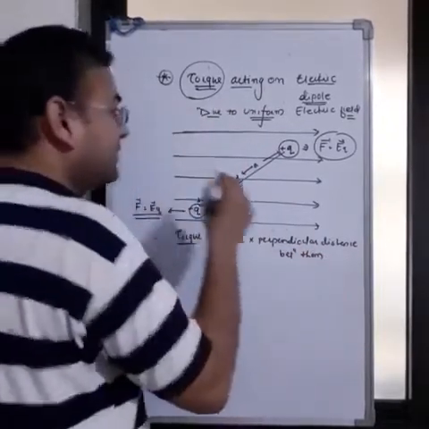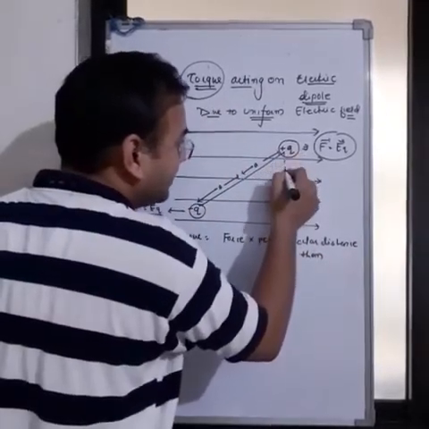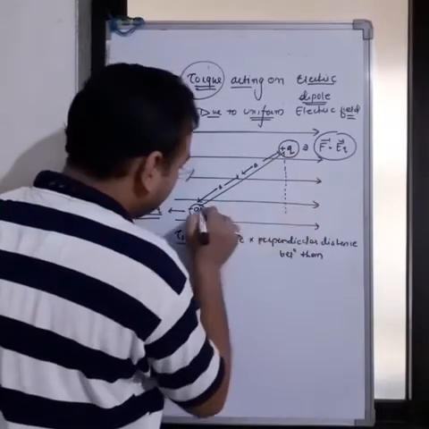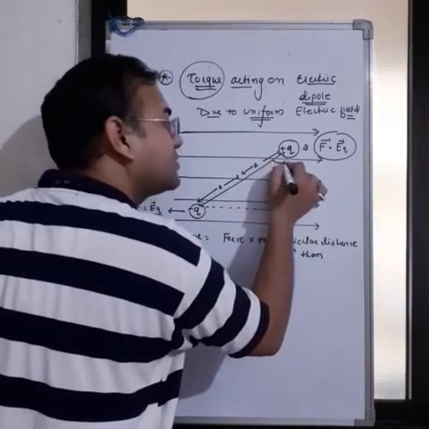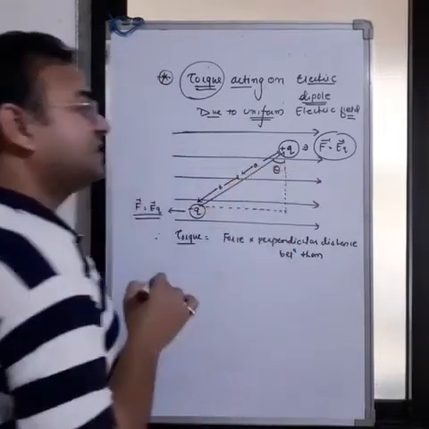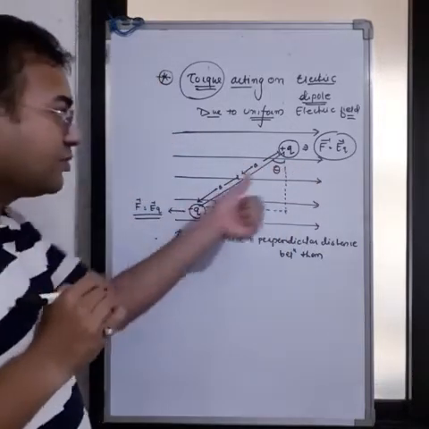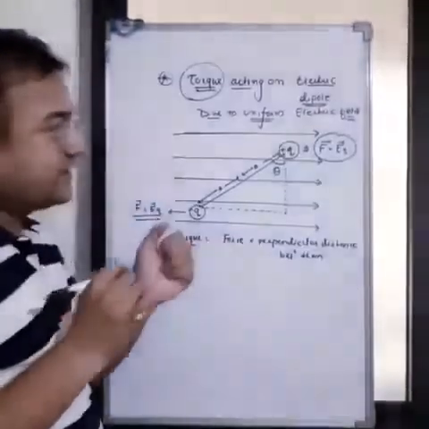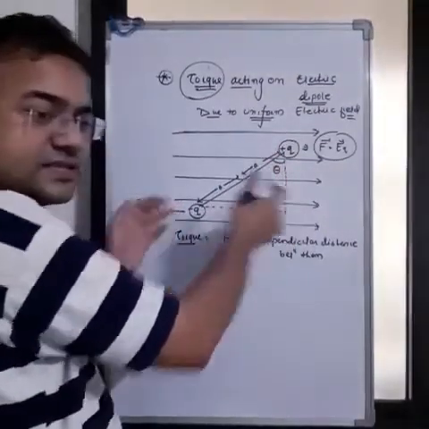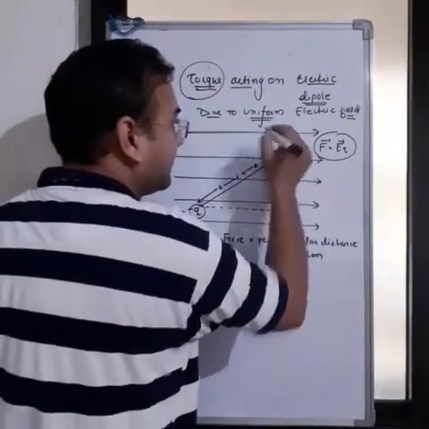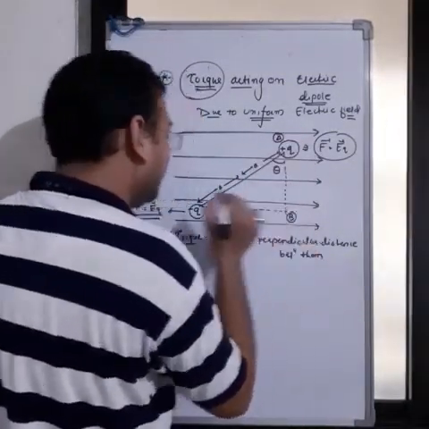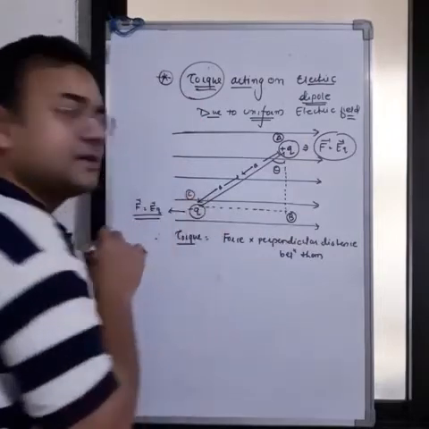Here the perpendicular distance, if the angle formed here is theta, then this perpendicular distance is given here. Consider the points A, B, and C here.